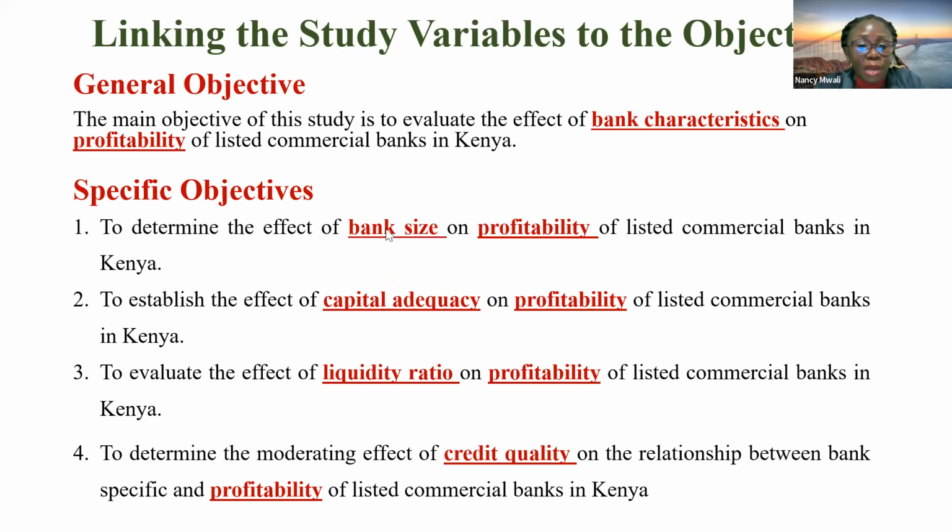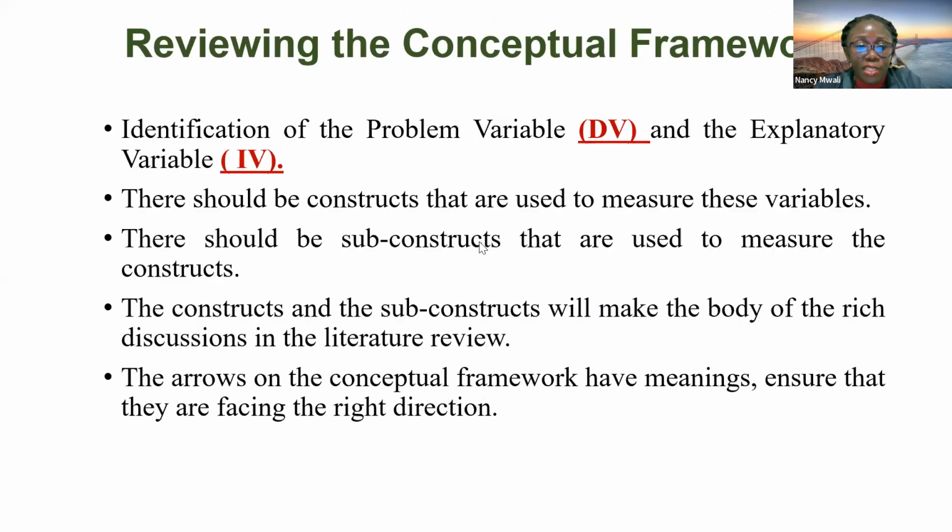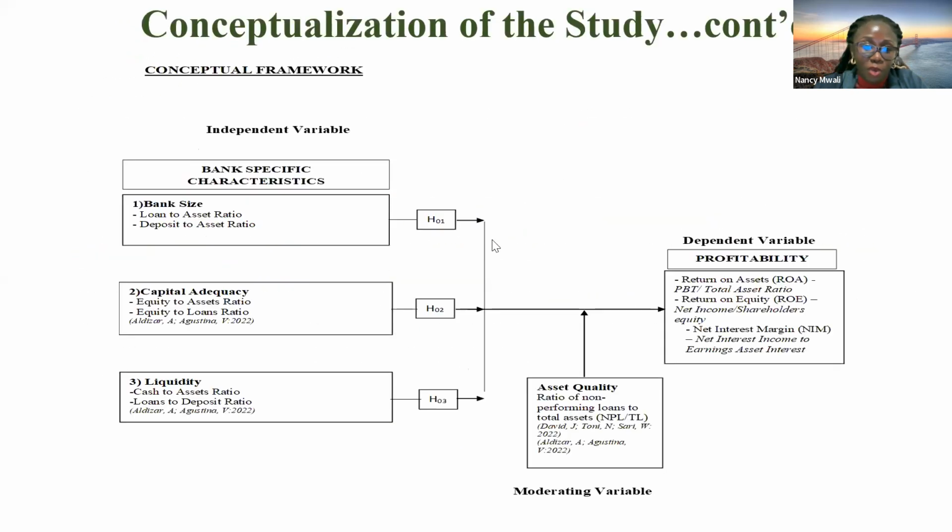The two variables are bank size and profitability. Back to our conceptual framework, we are looking at the relationship between the independent variable and the dependent variable, which is the profitability. So the arrow shows the direction of the relationship.